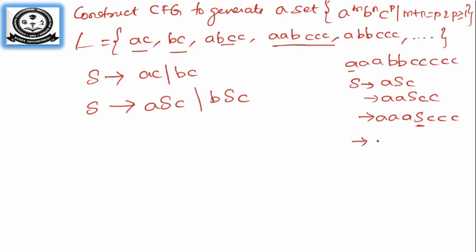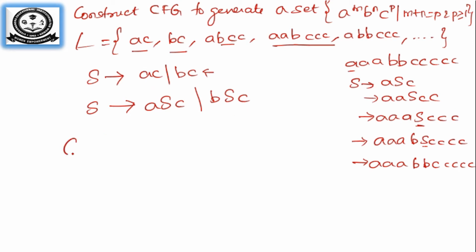So AAA, BSC, again triple C. One more C I need. Instead of one more S, I can substitute this expression over here. So triple A, B, BC, then you have 4 C's, 1, 2, 3, 4. So you can see my string is accepted.